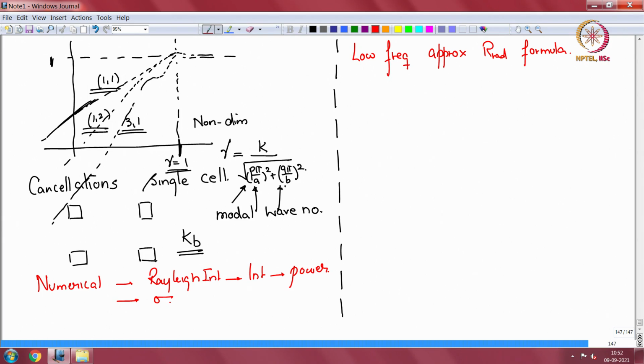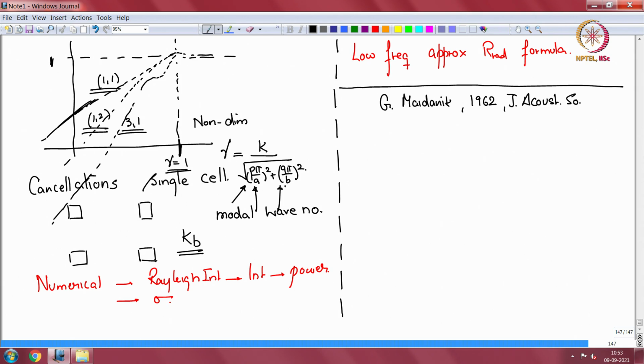Okay. The next, or rather the main key work in this area, which actually should be mentioned earlier, I suppose, is by G. Majdanek. So there is a 1962 key paper published in the Journal of the Acoustical Society of America.